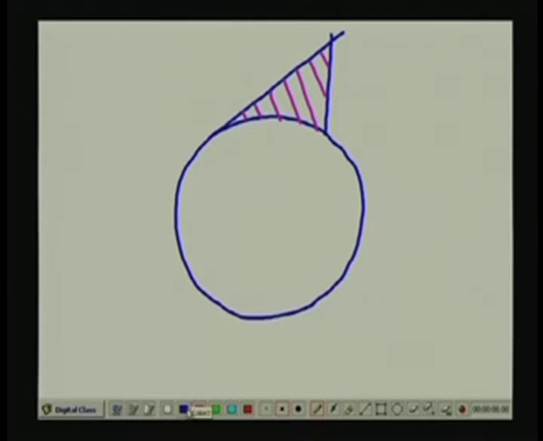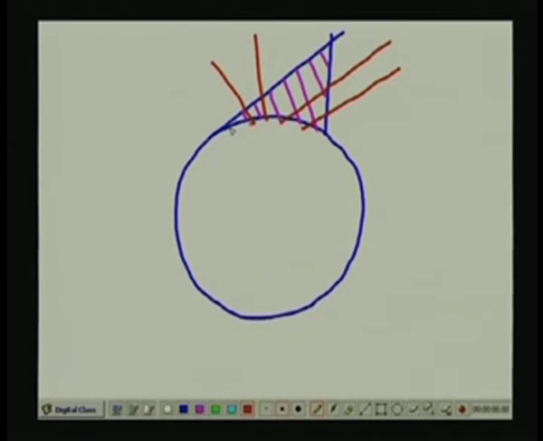Then what you could do is to install rock bolts in this manner in order to stabilize this particular wedge and prevent it from falling into the tunnel opening.